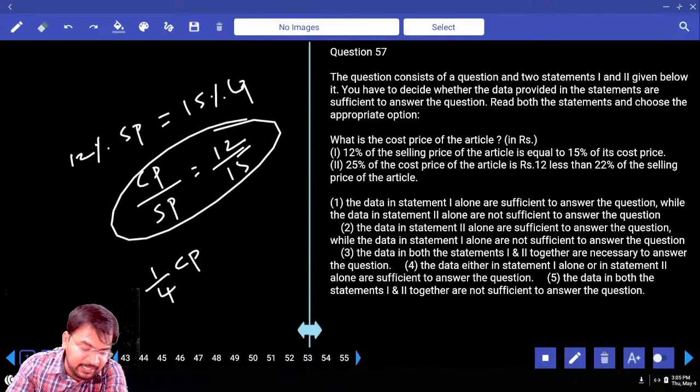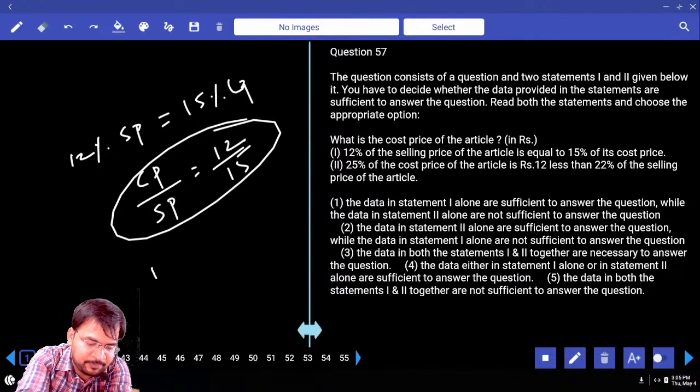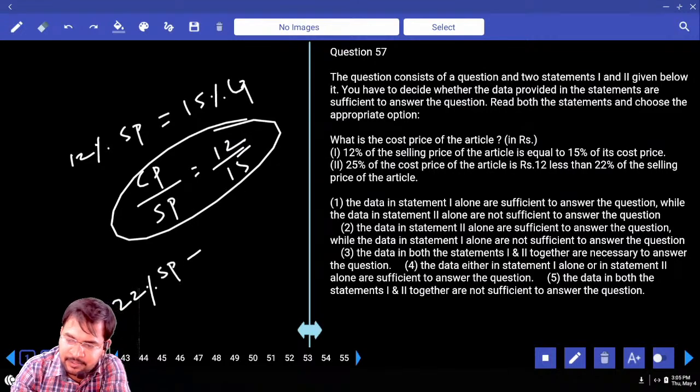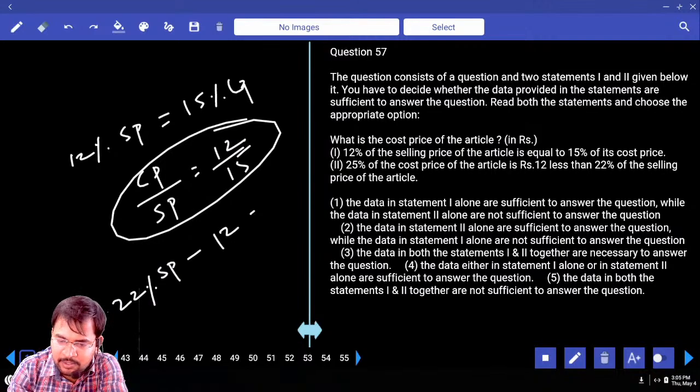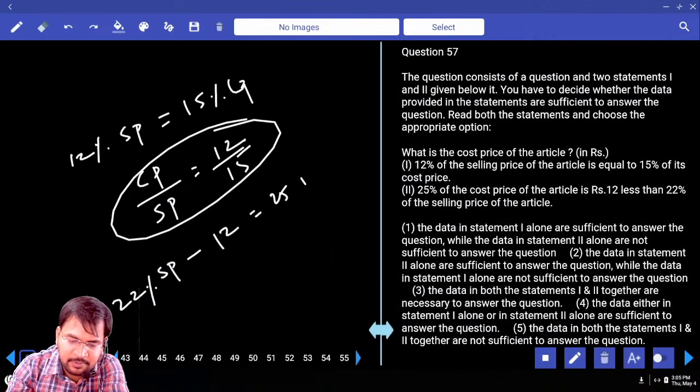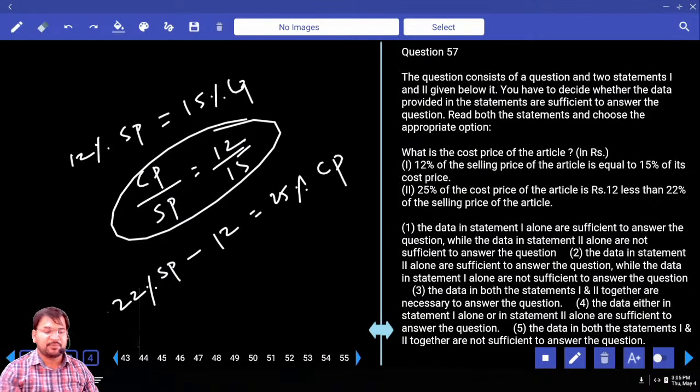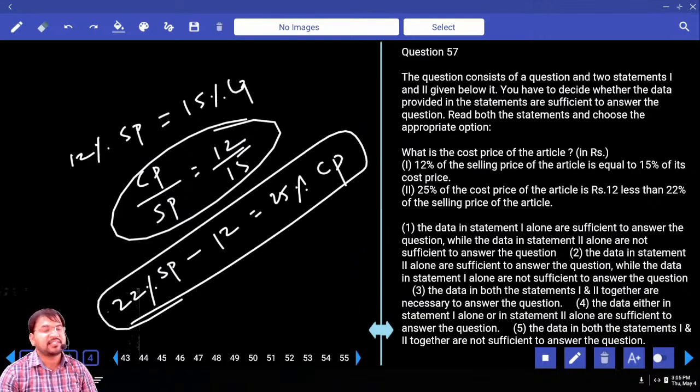And they have given only the difference here, not a ratio. 22% of SP minus 25% of CP. Is it possible to find out CP by using this statement? No, answer is not possible.